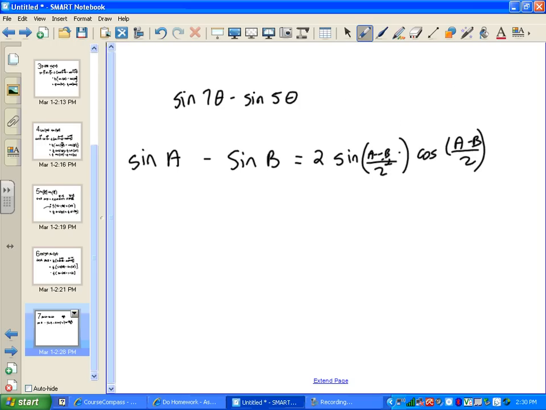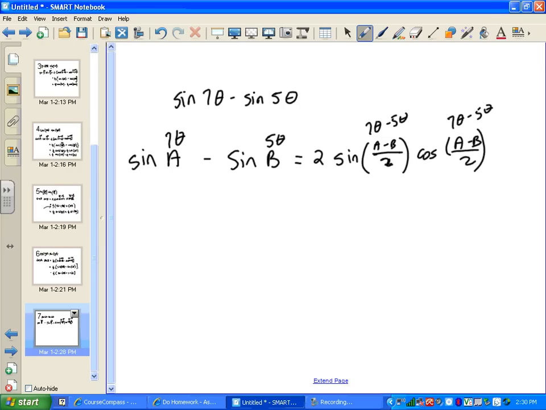Okay, so notice your A value there is 7 theta and your B value there is 5 theta. So now all I have to do is throw these in my formula. This one's going to say 7 theta minus 5 theta, and this one's going to say the same thing, 7 theta minus 5 theta.